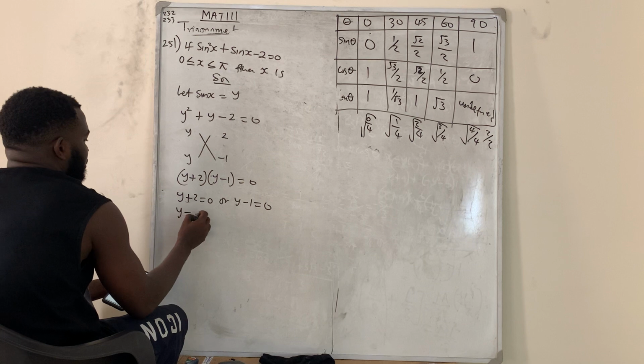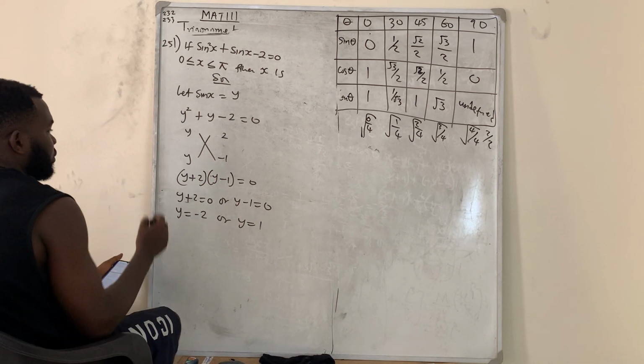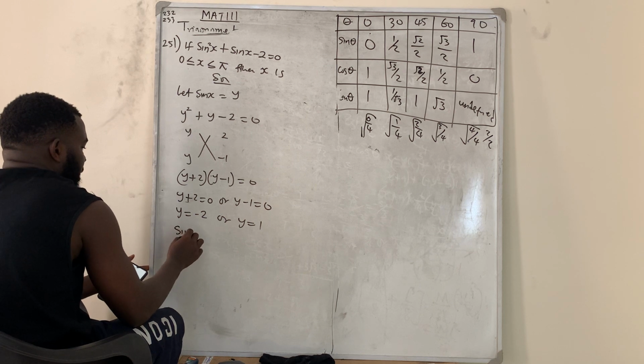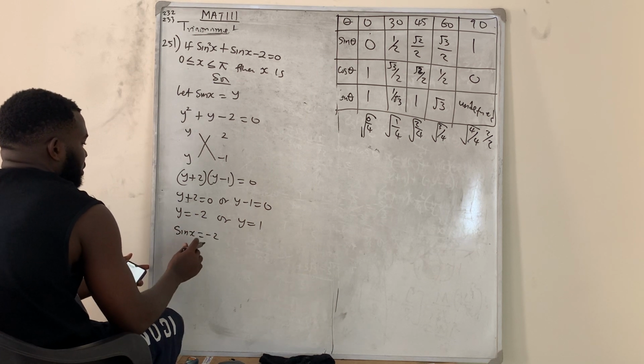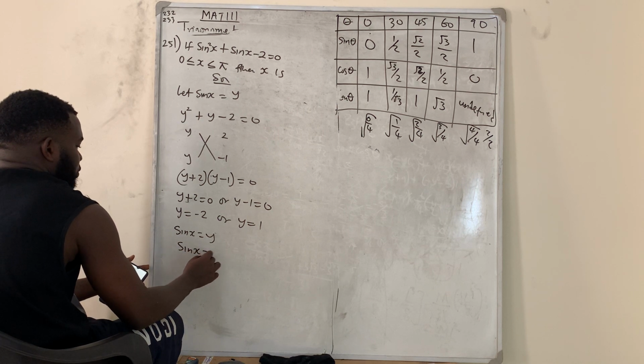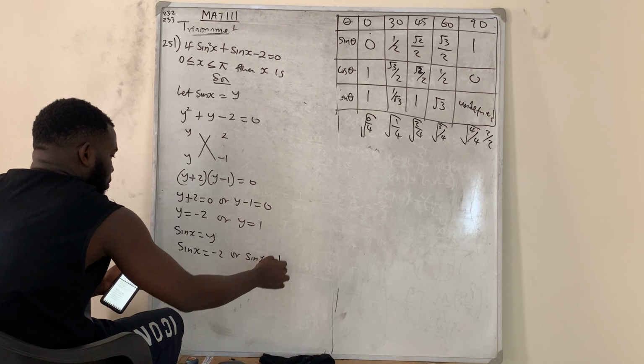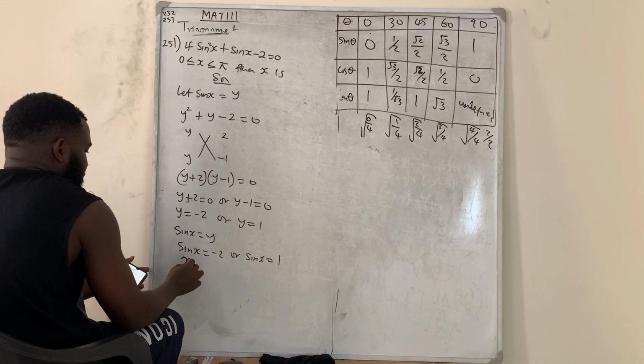Therefore y is equal to minus 2 or y is equal to 1. But I'm not looking for y, I'm looking for x. So sine x is equal to minus 2 or sine x is equal to 1.